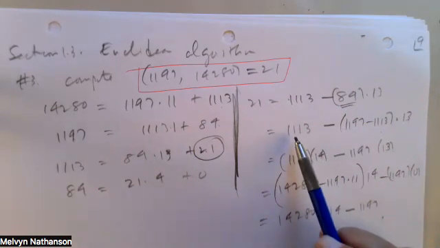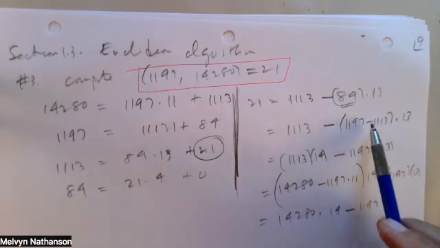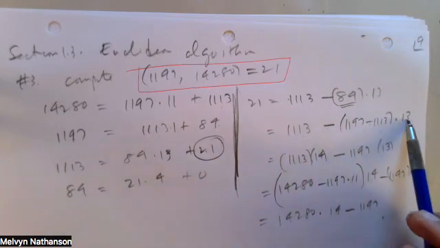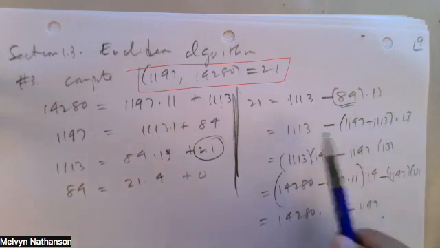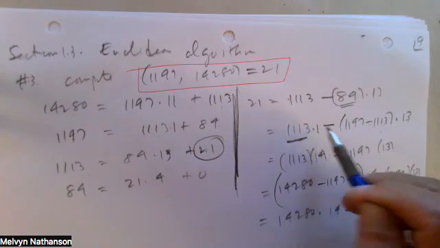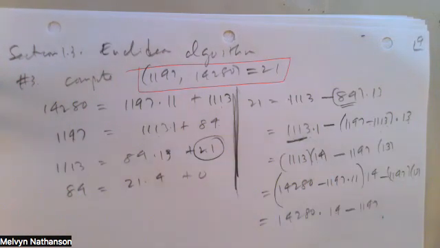So here I have 1113. And here I have 1113. Minus times minus is plus. This is 1113 plus 13 times 1113. 13 plus 1 is 14. Right? This is 1113 times 1. This is 1113 times 13. 1 plus 13 is 14.